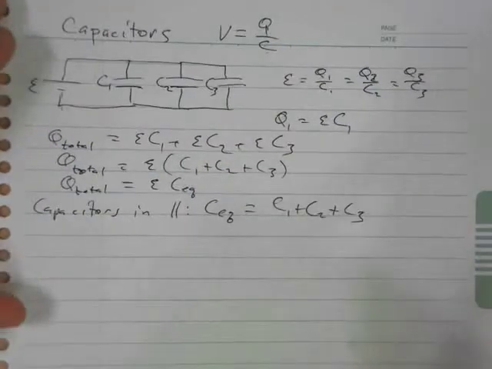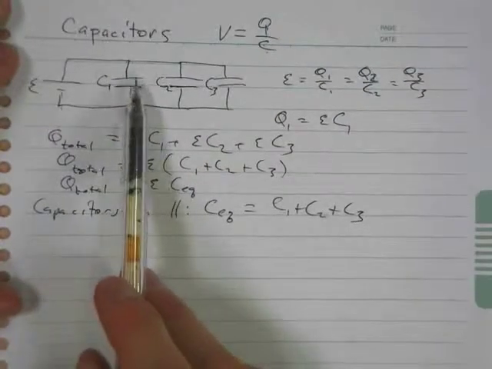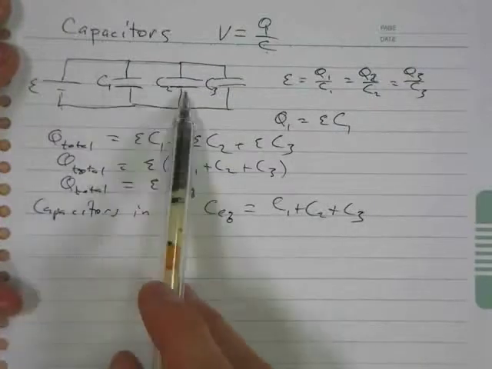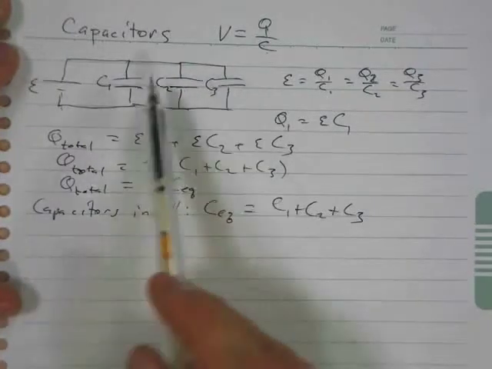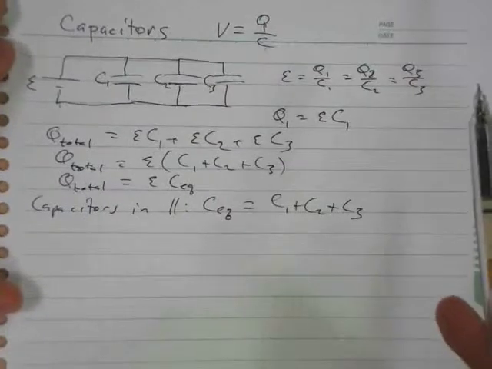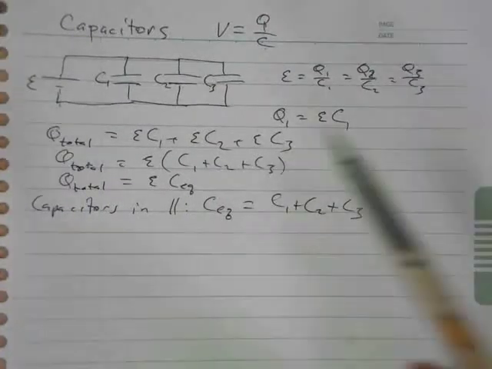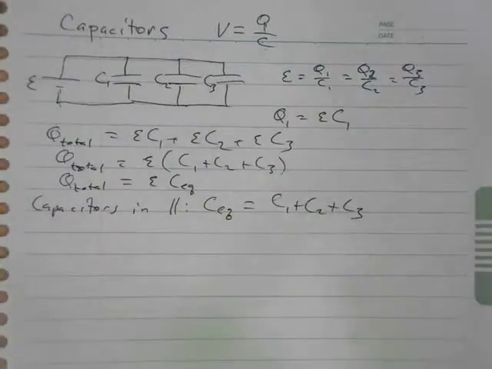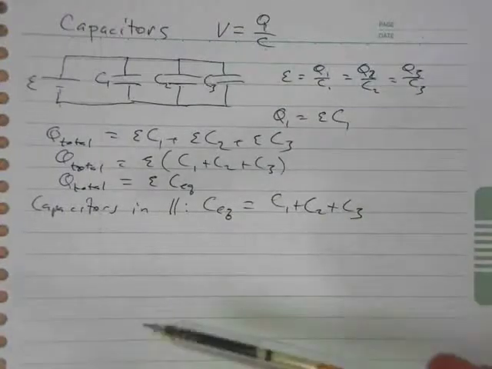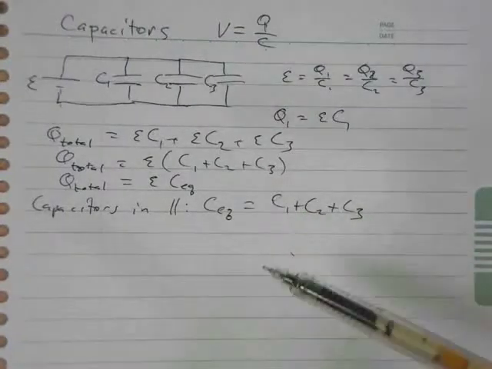And to me, that kind of makes sense if you think about what would happen if these capacitors were actually touching each other. The areas would just all add up, and you'd wind up getting one big capacitor that's the sum of the capacitance of all three. So that's how it makes sense to me.